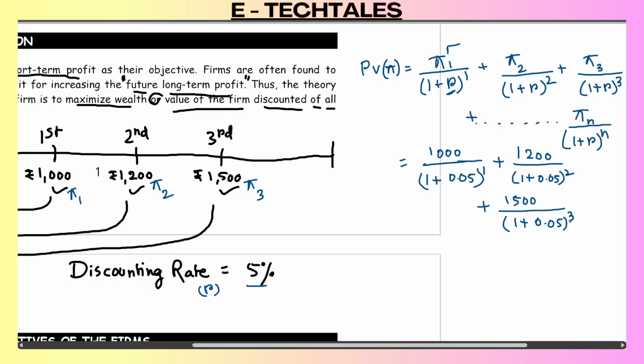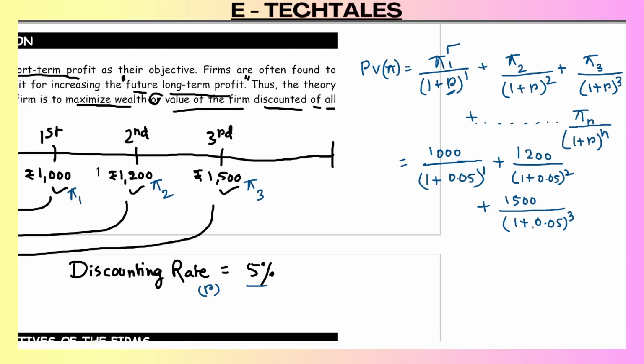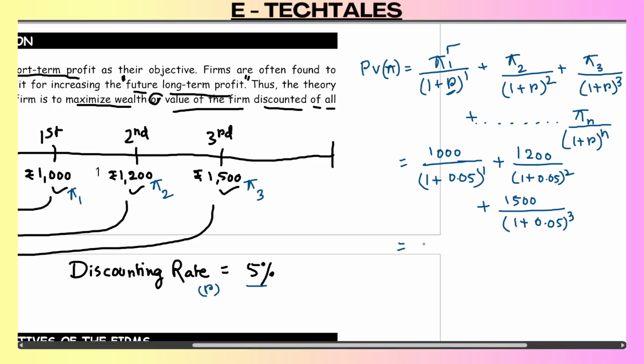Okay. So from here, you will get the values as 952.38 and 1088 for this one. And the third one is 1208.7.